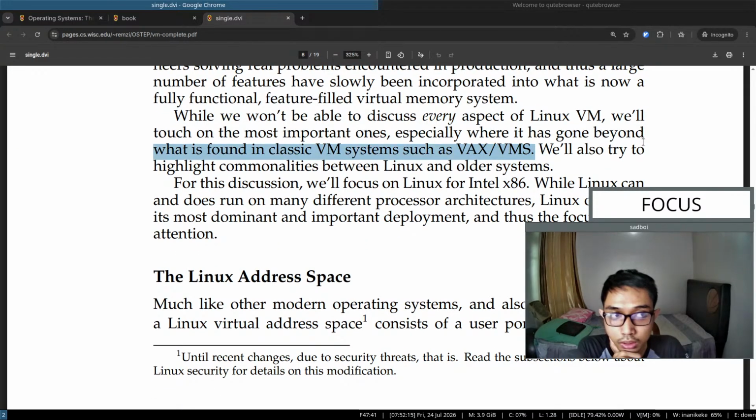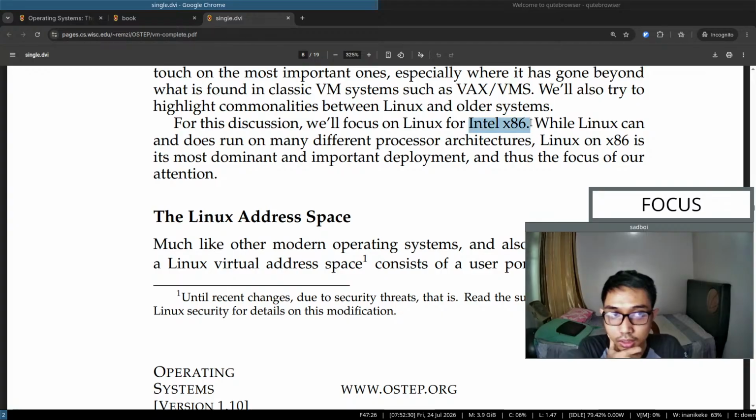We will also try to highlight commonalities between Linux and older systems. For this discussion, we will focus on Linux for Intel x86, where Linux can and does run on many different processor architectures.